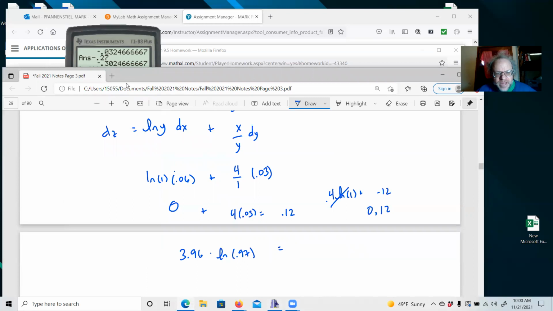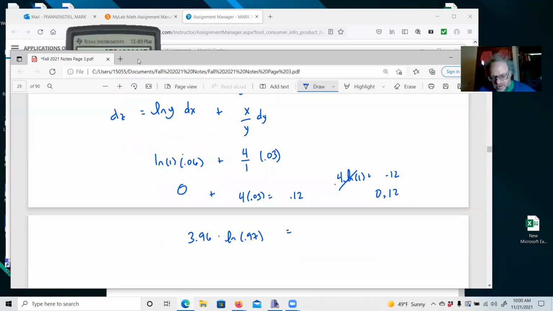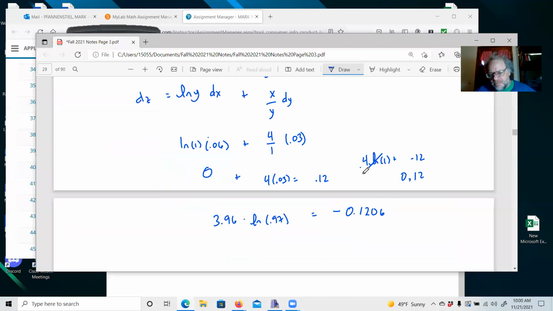Our value was negative 0.1206. Now for the absolute value, if we take the absolute value of this, we ended up with 0.1206. We look at the absolute value of this, we got 0.12.